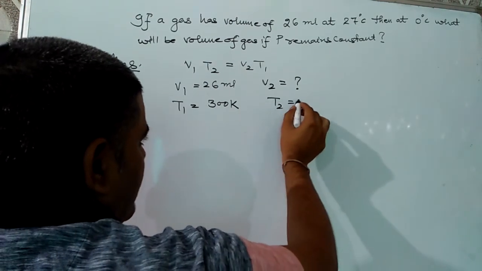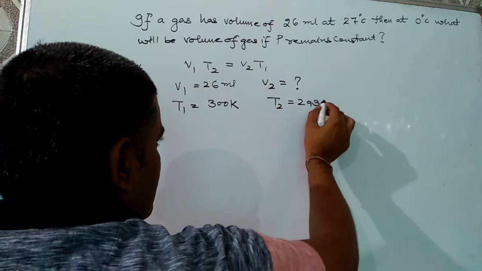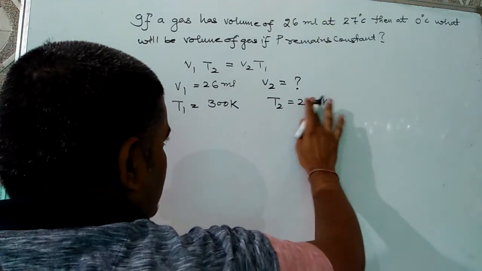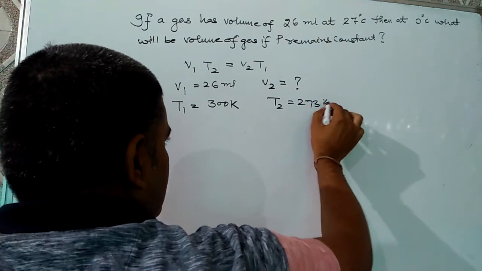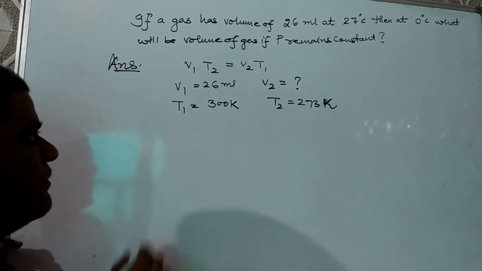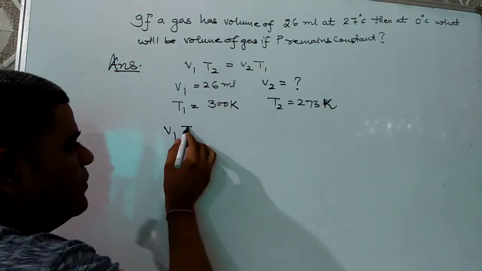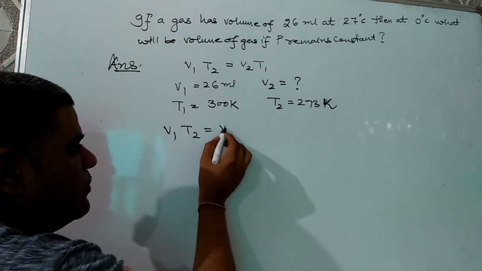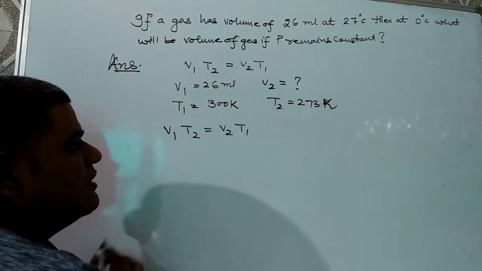T2 will be 273 Kelvin. Now we have to apply the formula V1 T2 is equal to V2 T1.